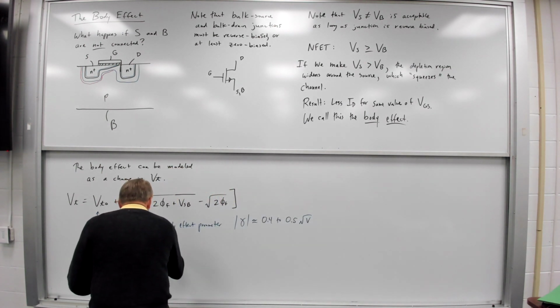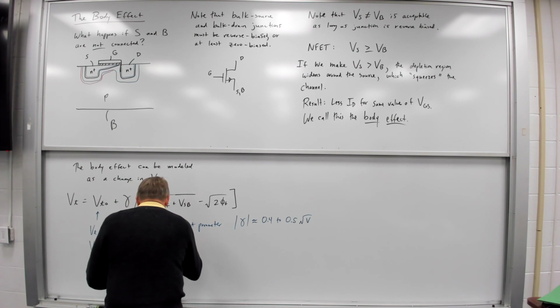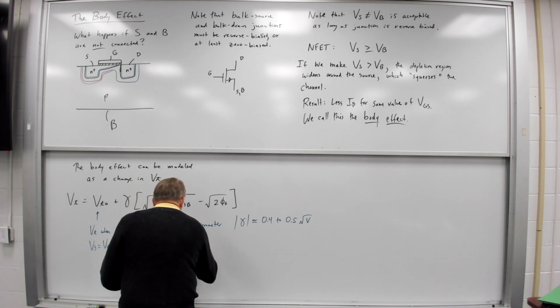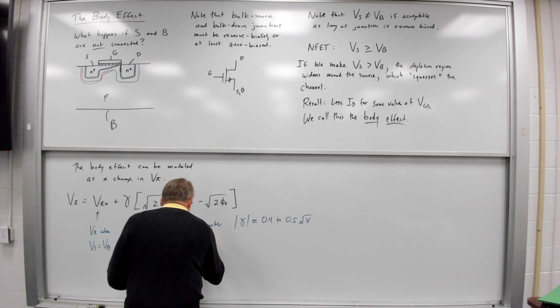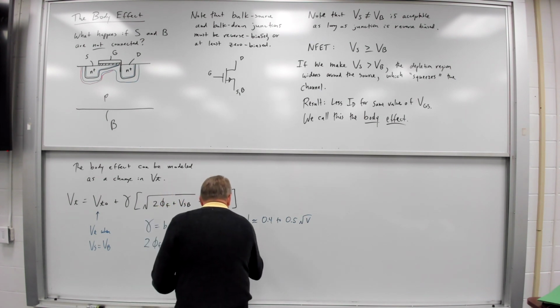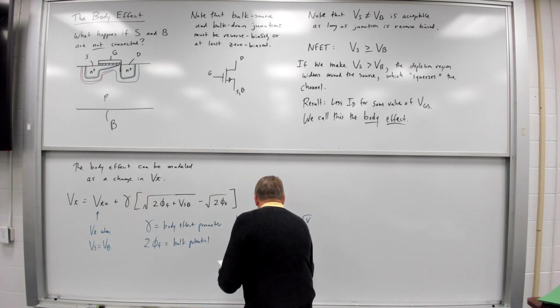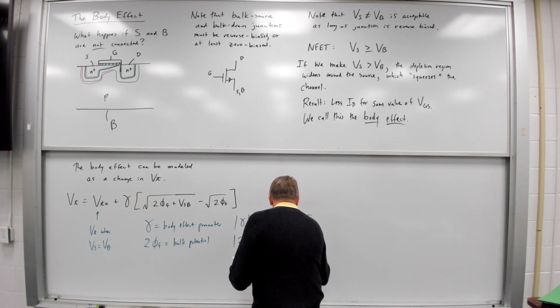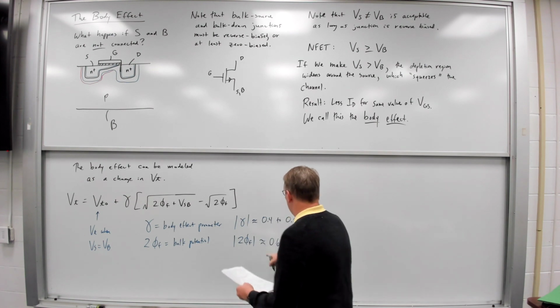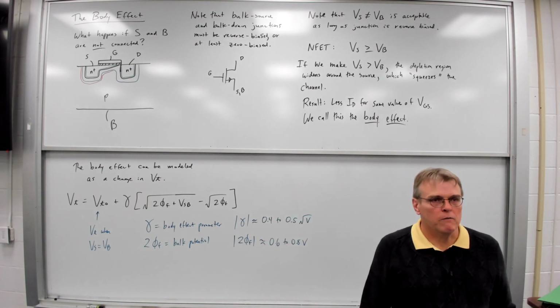2 phi f is our bulk potential. And the magnitude of 2 phi f is normally on the order of about 0.6 to 0.8 volts. In other words, kind of like the standard turn-on voltage for a diode.